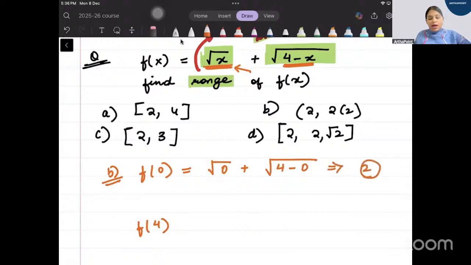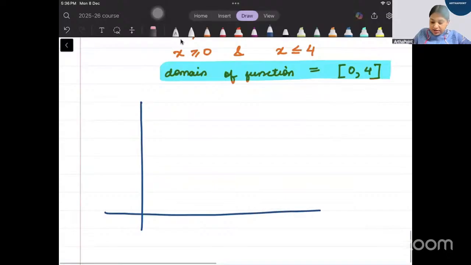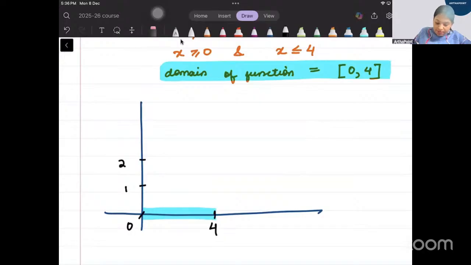And at 4, root 4 plus root 4 minus 4. That means 2 plus 0, 2. So we have got a very interesting fact. What interesting fact? My function looks something like this: it is defined only between 0 to 4, only at 0 and 4 is it defined, and at 0 its value is 2, and at 4 its value is also 2.